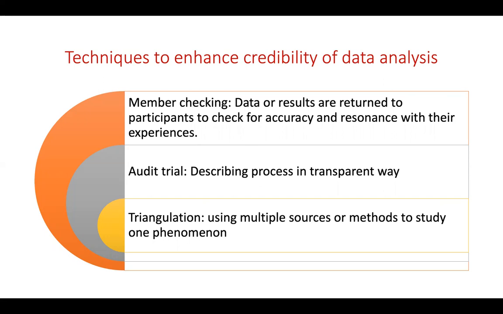That means data and results are returned to the participants to check for accuracy and resonance with their experiences. We can do audit trail, which is highly recommended. It is describing the process in a very transparent way. And then we could also do triangulation, using multiple sources or methods to study one phenomenon.